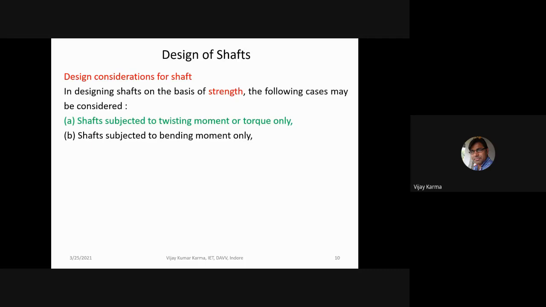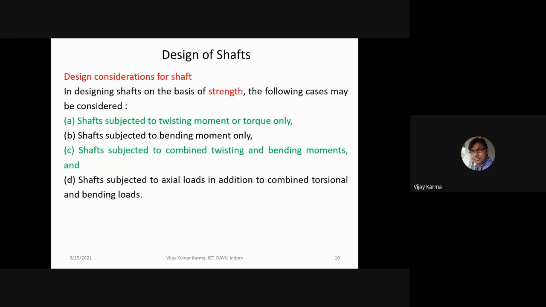And shafts subjected to combined twisting and bending moments. The shaft is subjected to bending moment and twisting moment, and shafts subjected to axial loads in addition to the combined torsional and bending loads. So all three loads are acting in this case.